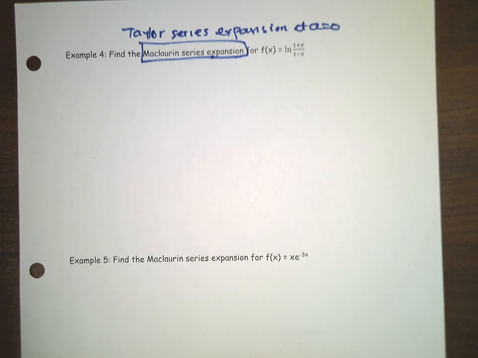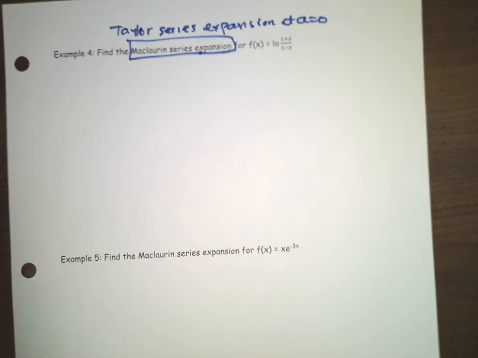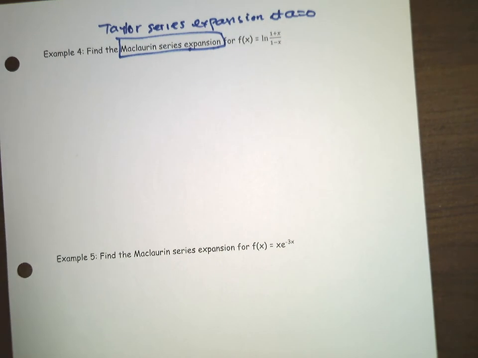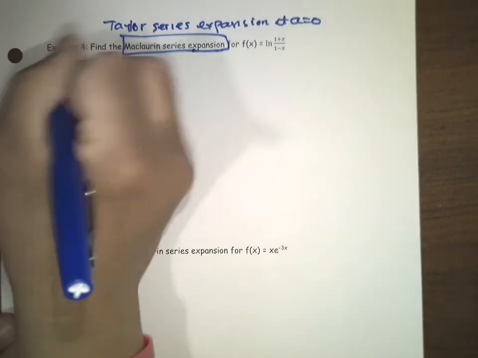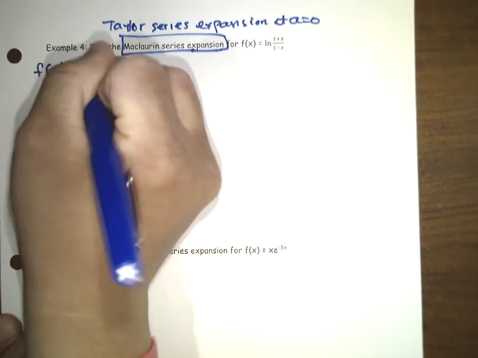So, one way that we could do this is by using the log rules. There are a lot of things that you could actually do here, but one of them is to look at the log rules and rewrite this f of x as natural log of 1 plus x minus natural log of 1 minus x.